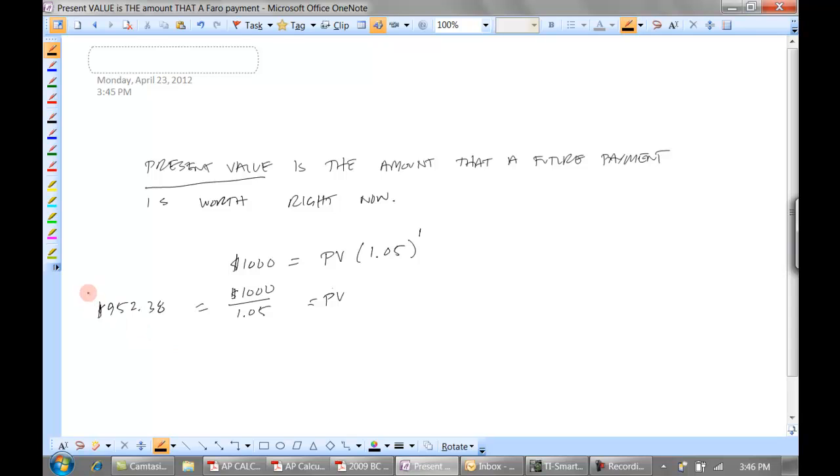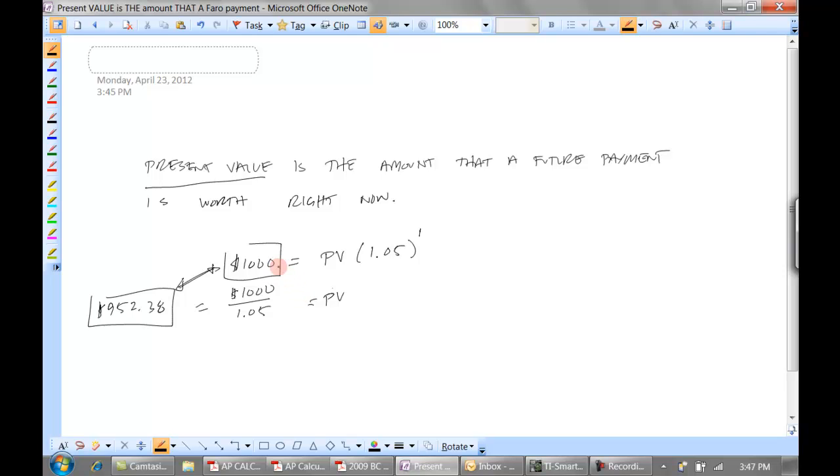So this means that if I offered to give you $1,000 in a year, I could also offer to give you $952.38 right now, and those would be comparable offers. They would be actually equivalent offers to either have $1,000 a year from now or $952.38 right now. So there's value to having money right now.